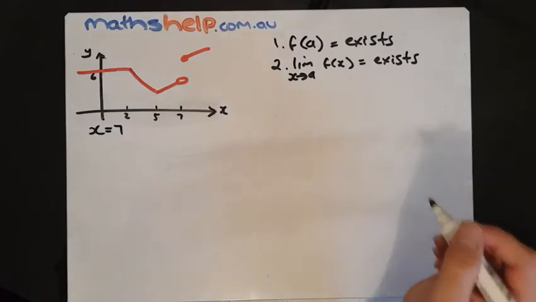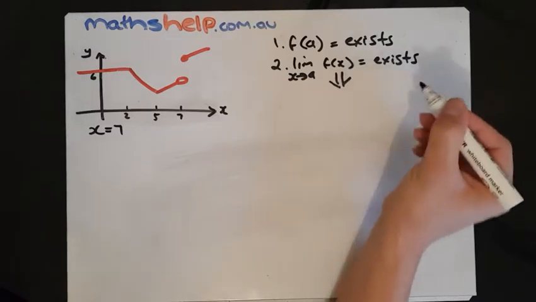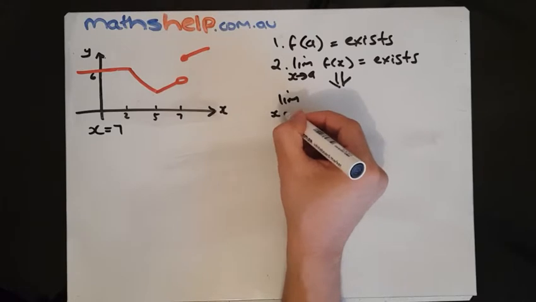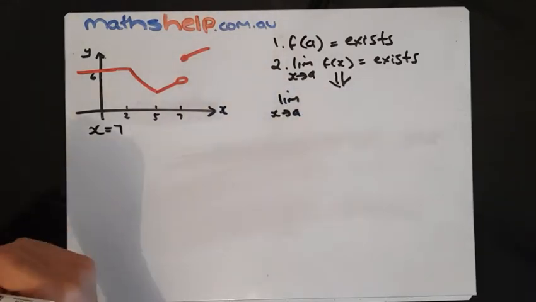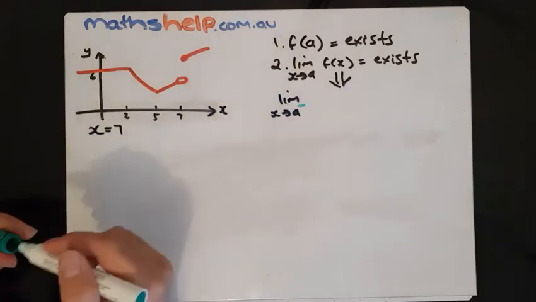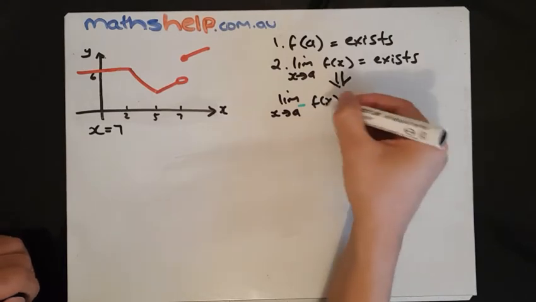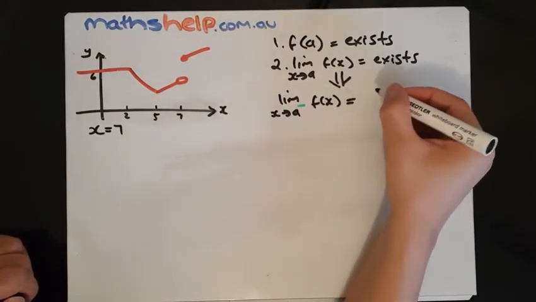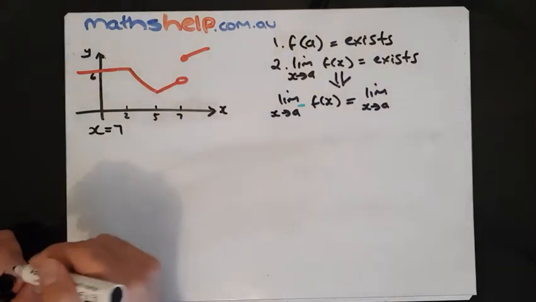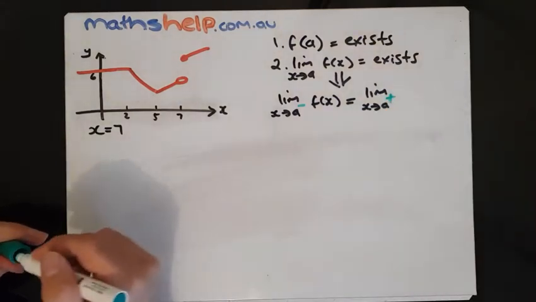What does this mean? For a limit to exist, the limit as x approaches that number from the left hand side has to equal the limit as x approaches that number from the right hand side.